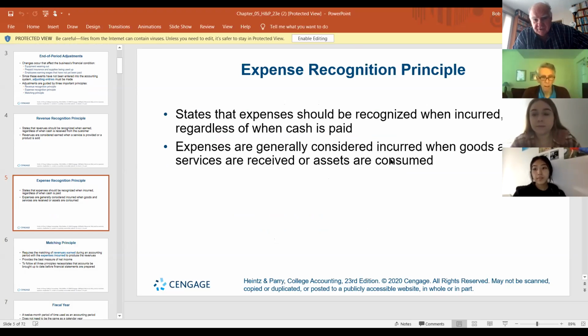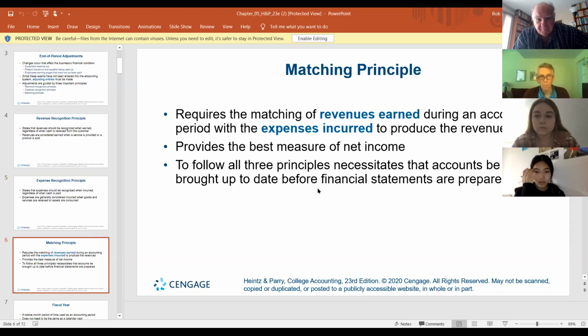It means when we experienced them, when we got the benefit of them. During the month, we had electricity in the office, but we're not getting the electric bill in the mail for a while. We're going to have to do an adjusting entry. Expenses are considered incurred when the goods have been received or assets consumed. That's a clunky bit of jargon there.